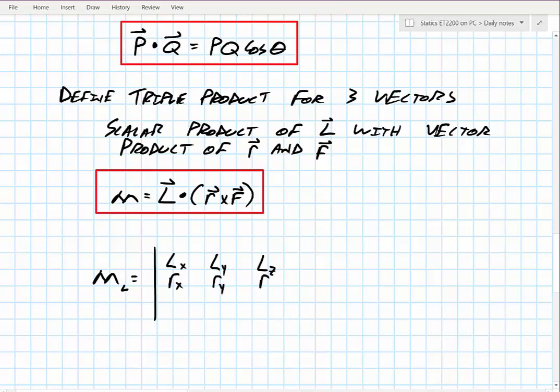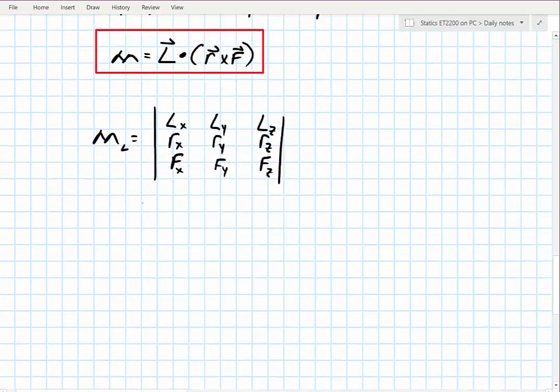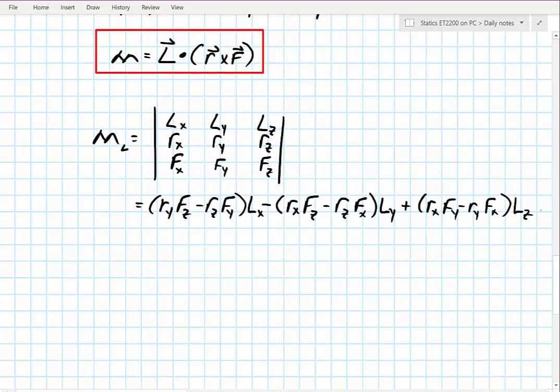Then Rx, Ry, Rz. And the order is important. You have to do line first, then radial arm, then the force to get your signs right. Fx, Fy, and Fz. So that's what our matrix ends up looking like. Of course, you could expand it, and it would look something like this.